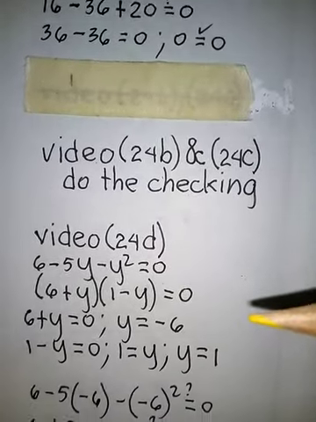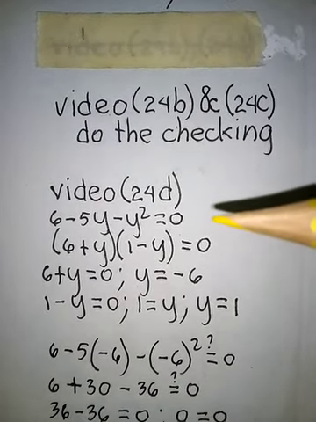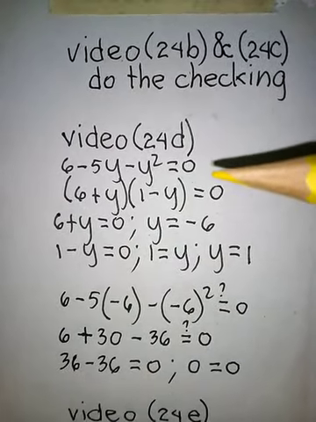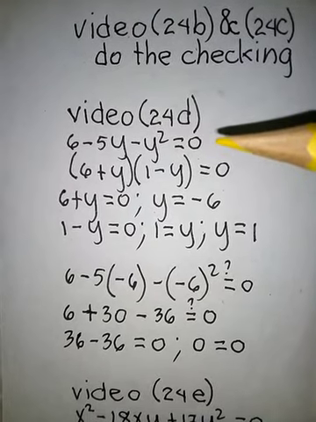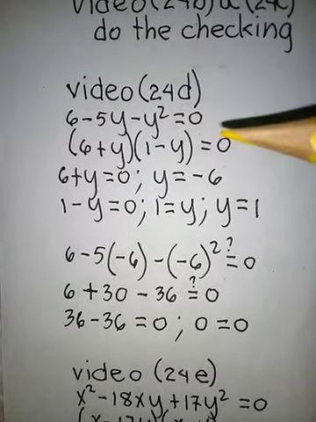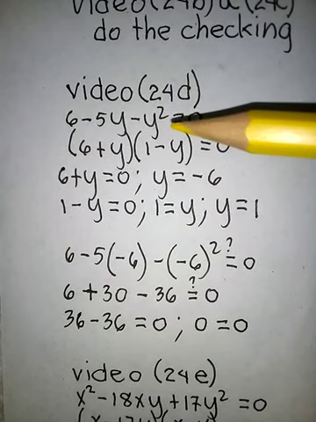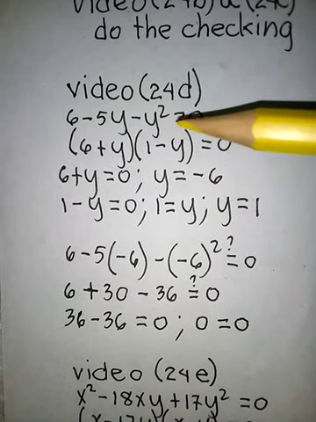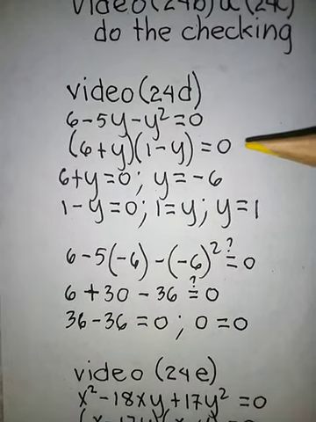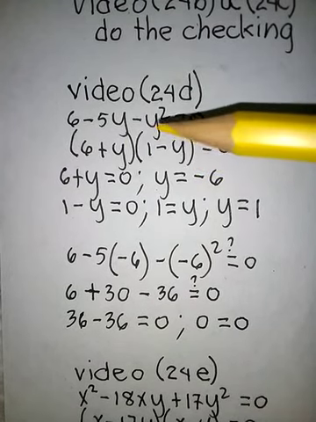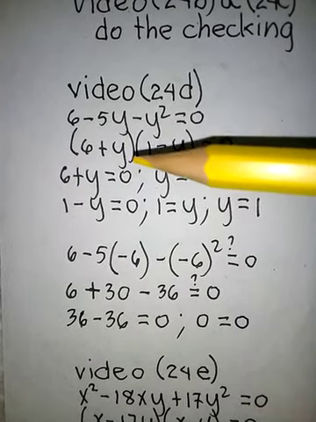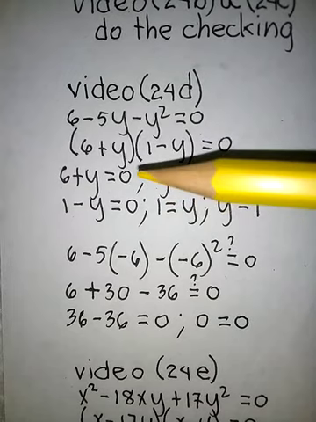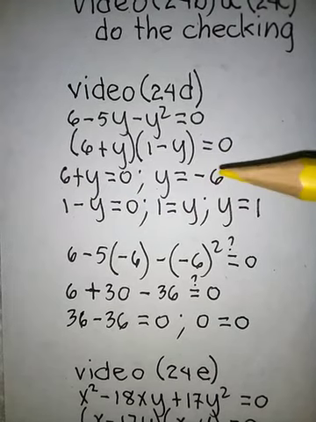In video 24D, we have the equation 6 minus 5y minus y squared, and then equate this to 0. So, we got the factors to be quantity 6 plus y multiplied by quantity 1 minus y, equate this to 0. So, equate each factor to 0. 6 plus y is equal to 0, or y, transpose positive 6 will become negative 6.